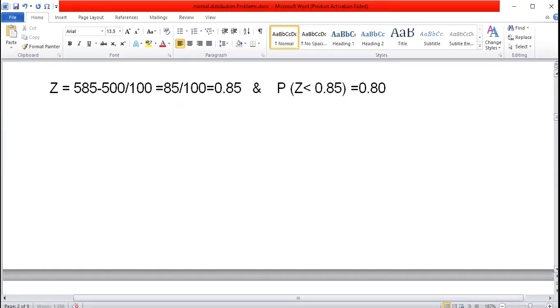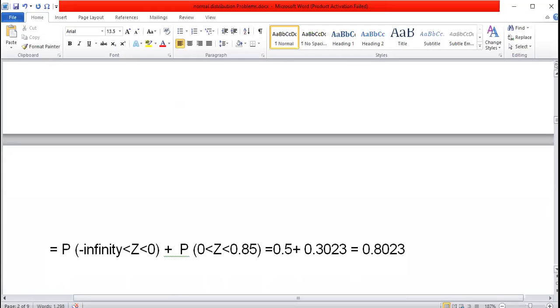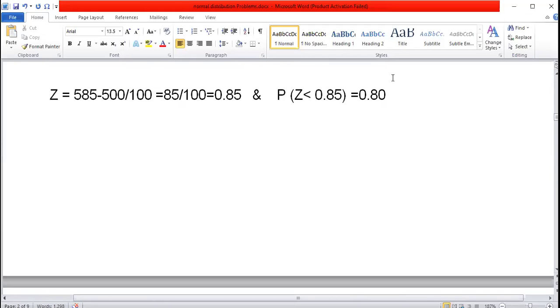Which means, obviously, the probability that x is less than 585 equals 0.8023. Is it true?